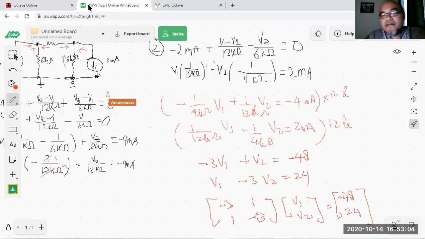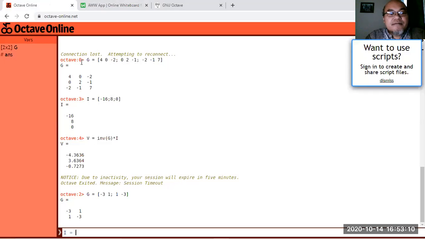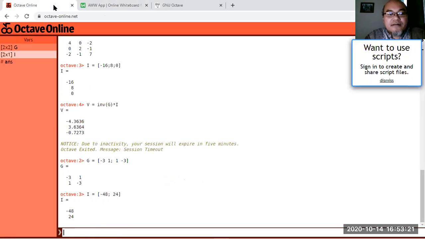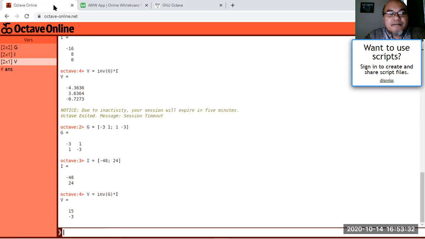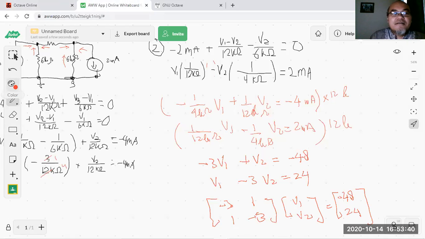Then the vector I is -48 and 24. The voltage will be equal to the inverse of G matrix product with I. So we obtain V1 equals 15 and V2 equals -3 volt.